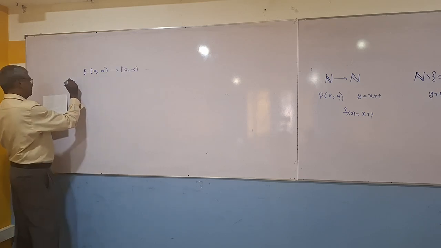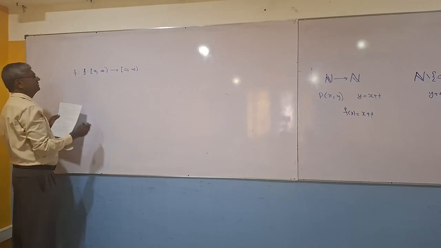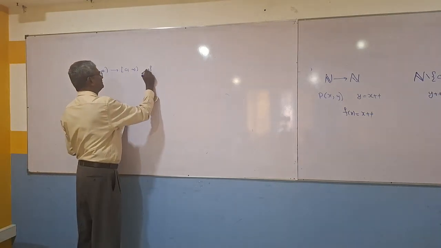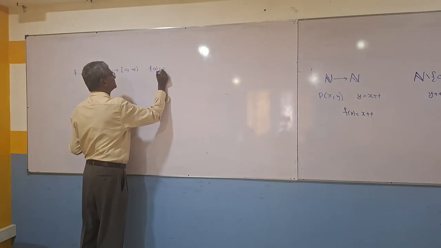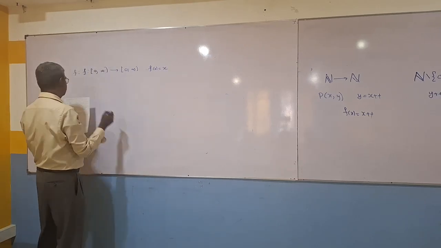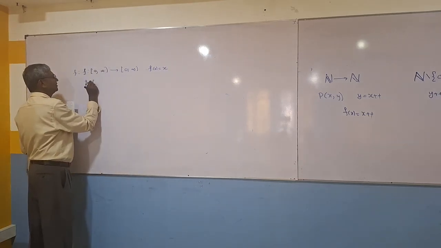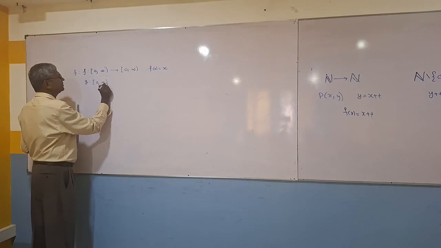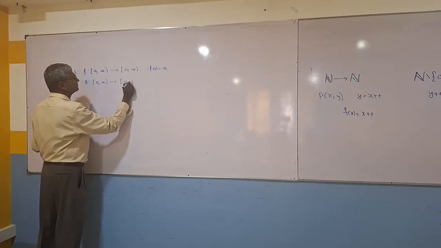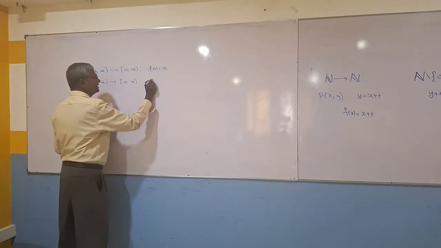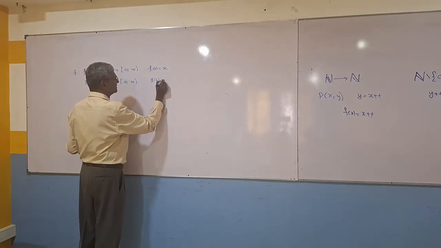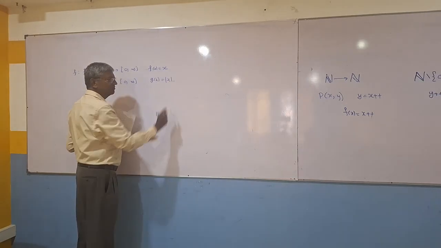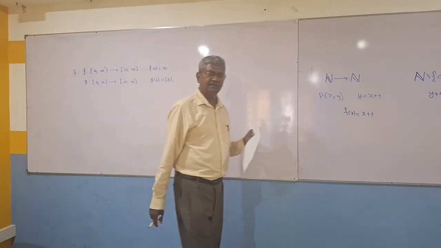This function f is given by f(x) equals x. And the other function g going from [0, infinity) to [0, infinity), this g(x) is mod x. They are different looking.